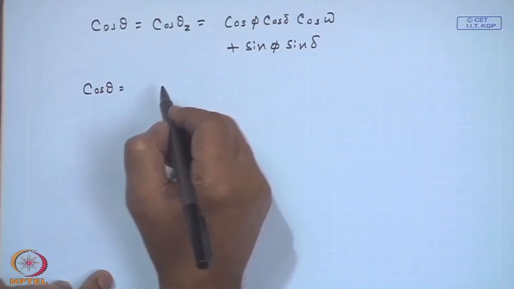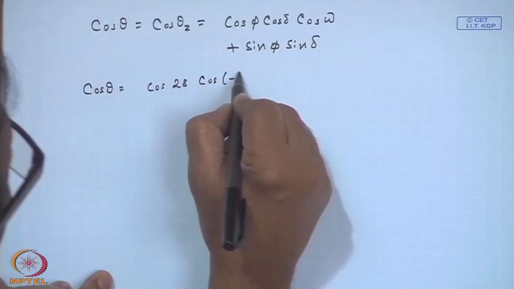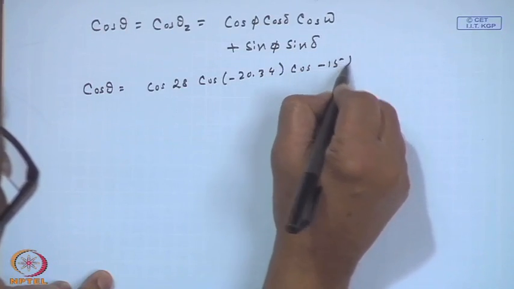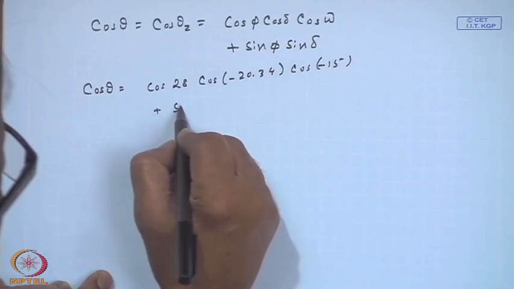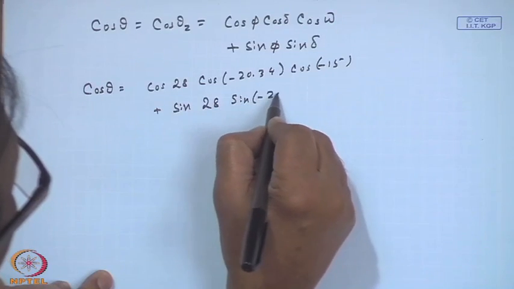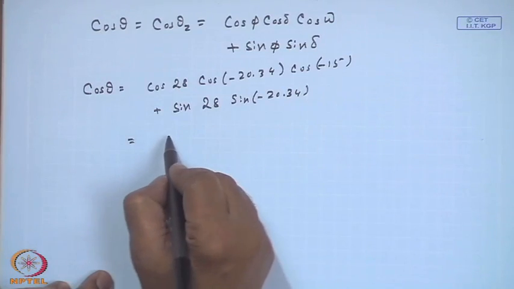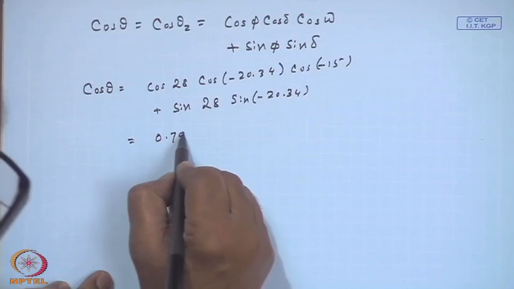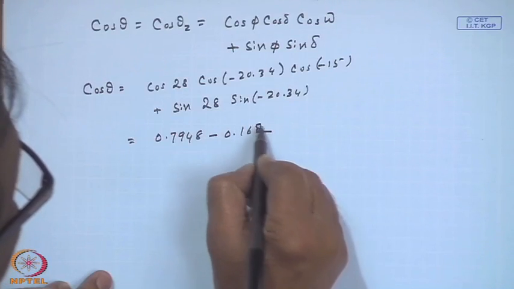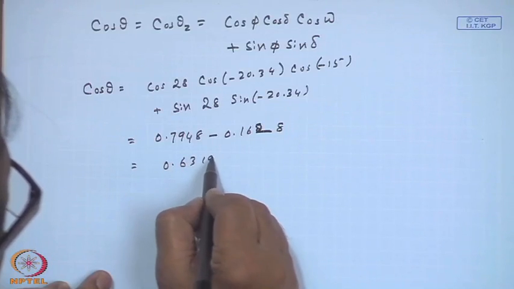So, cos 28 cos minus 20.34 cos minus 15 plus sin 28 times sin minus 20.34 is equal to 0.7948 minus 0.1628, equal to 0.6319.